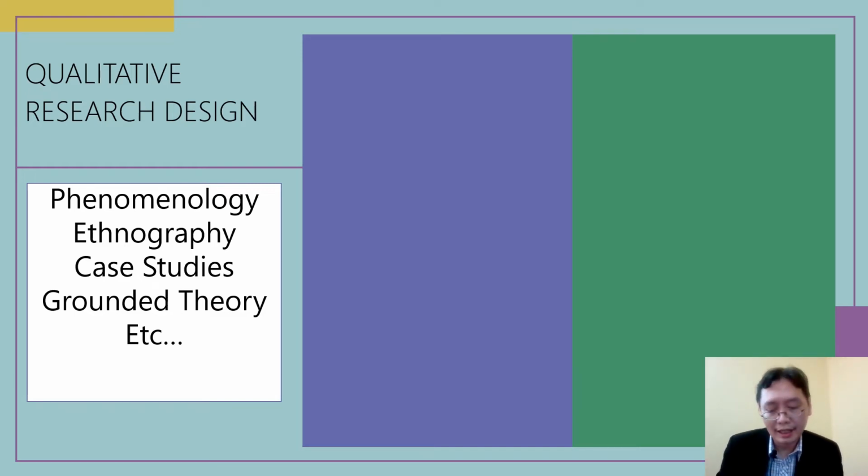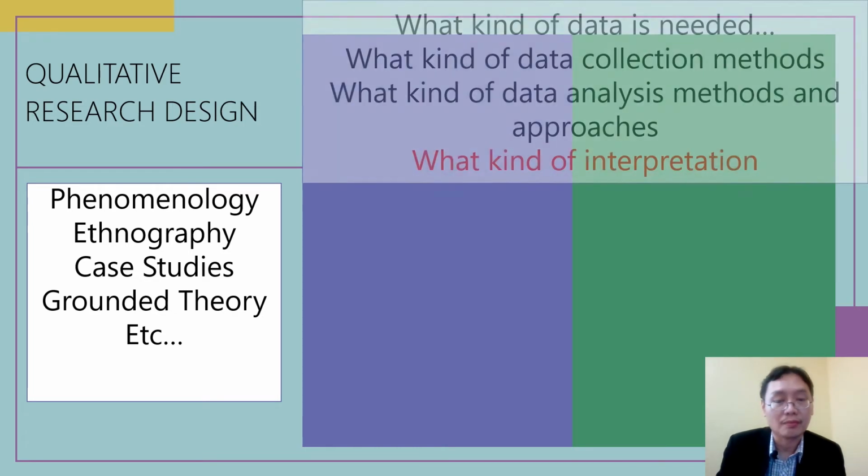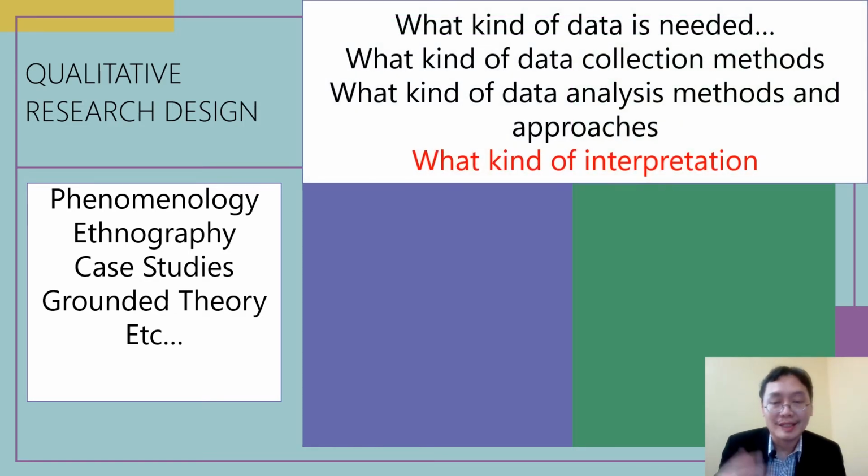Now, what do they have in common? The data that they need, what kind of data is needed. You have chosen a certain qualitative research design, what kind of data analysis methods you need.